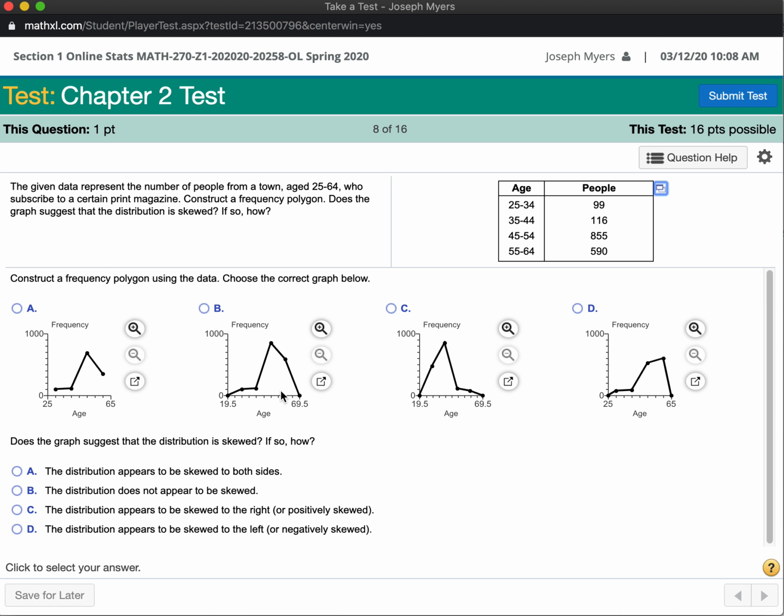The highest point should be close to 900. So it could be that one or that one.